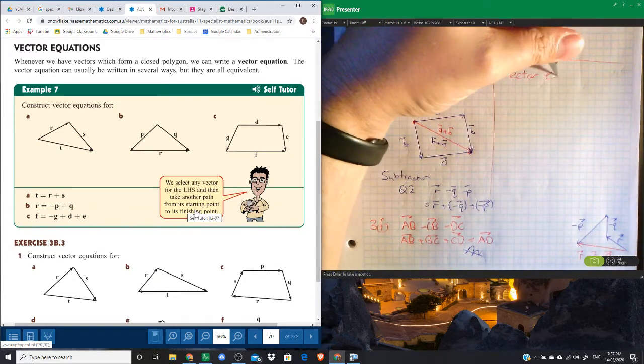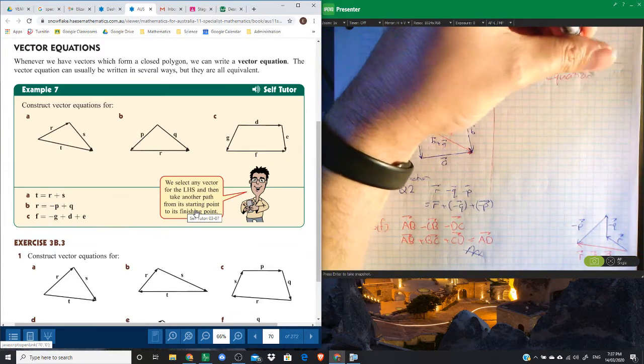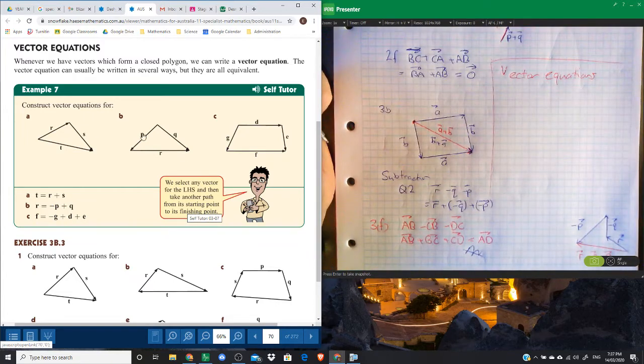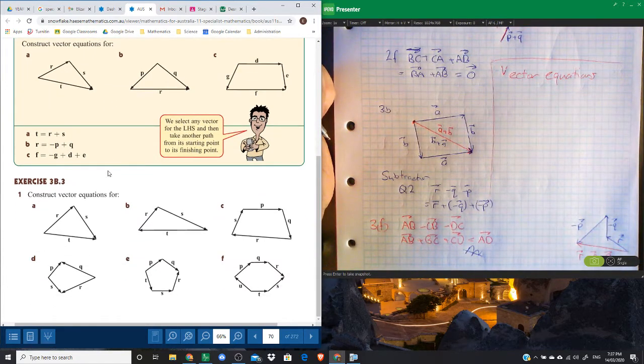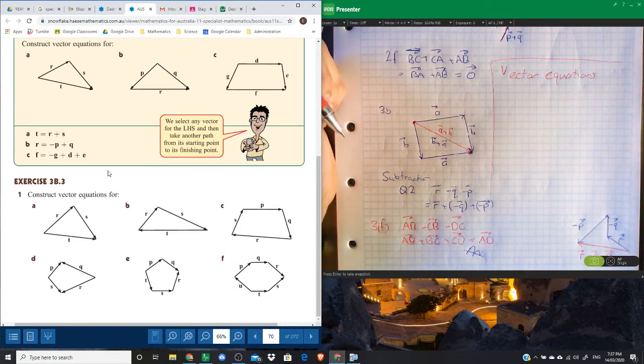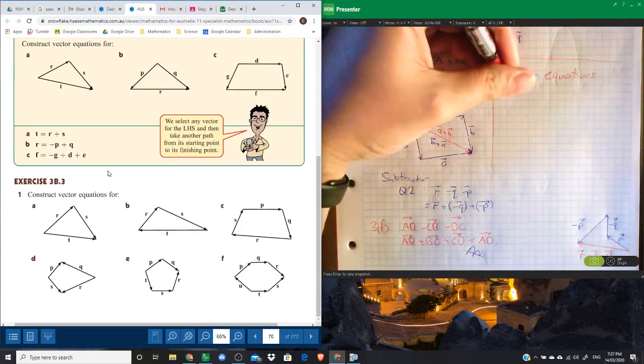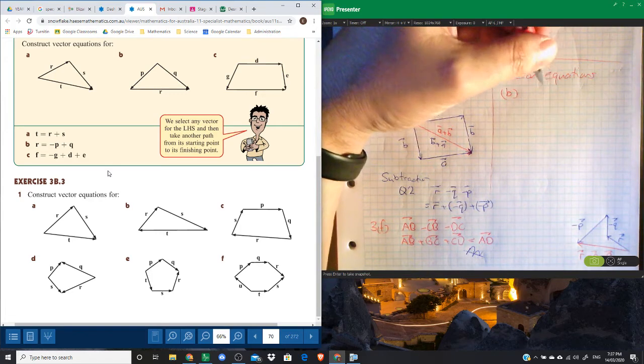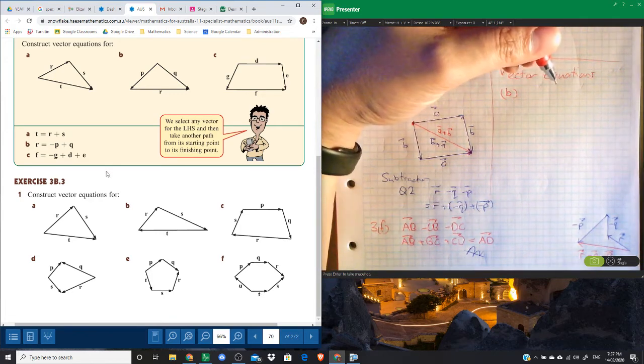Vector equations. So let's have a look at these ones. All right, so I'll pick a simple one to start off with. Let's do B. Now we can see in B, we've got two vectors that are tip to tail. Actually, they're all tip to tail. A couple of ways we could do it.